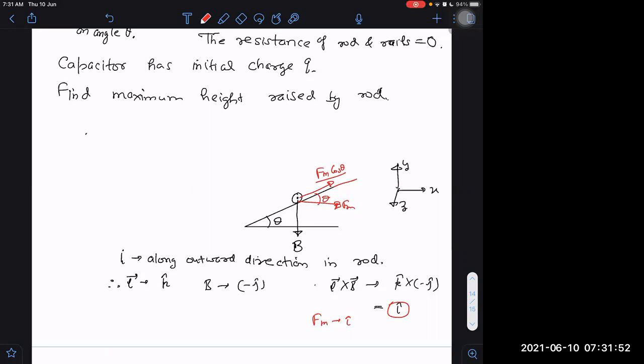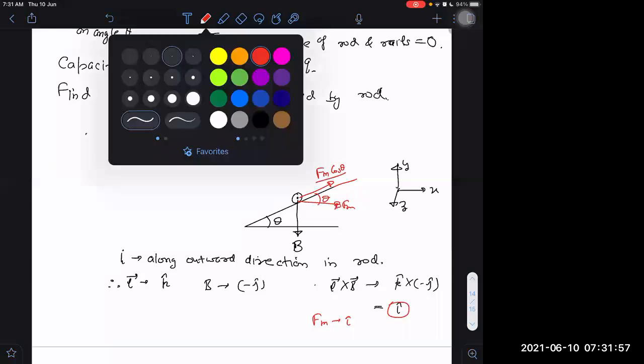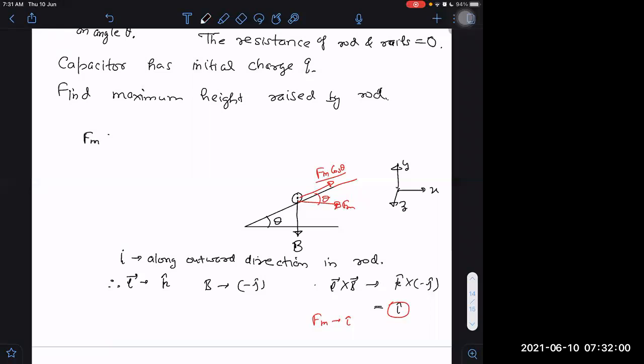Then Fm cos theta into dt integral will be the impulse this time. And that will be equal to B into L Q by... B L Q I by m into L into cos theta into dt integral, which will become equal to, this is impulse, which means mass into velocity gained along this side.